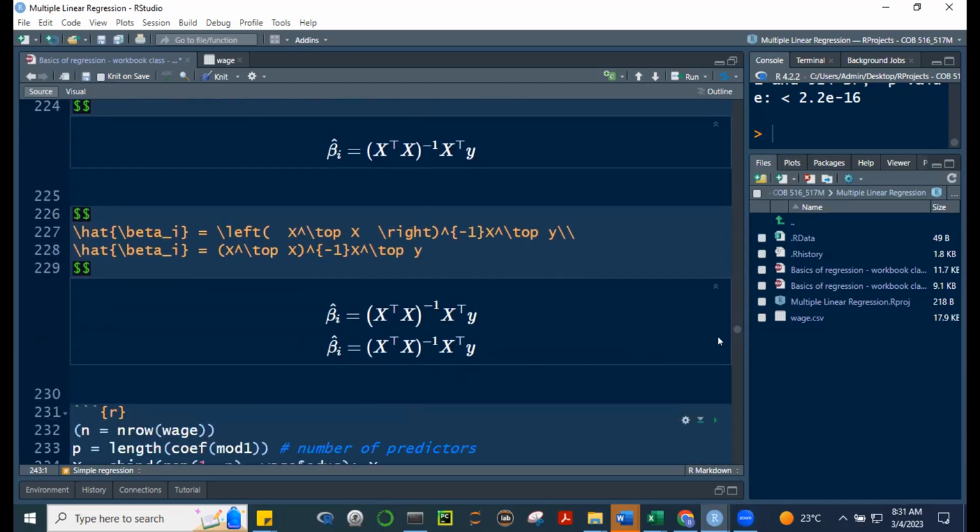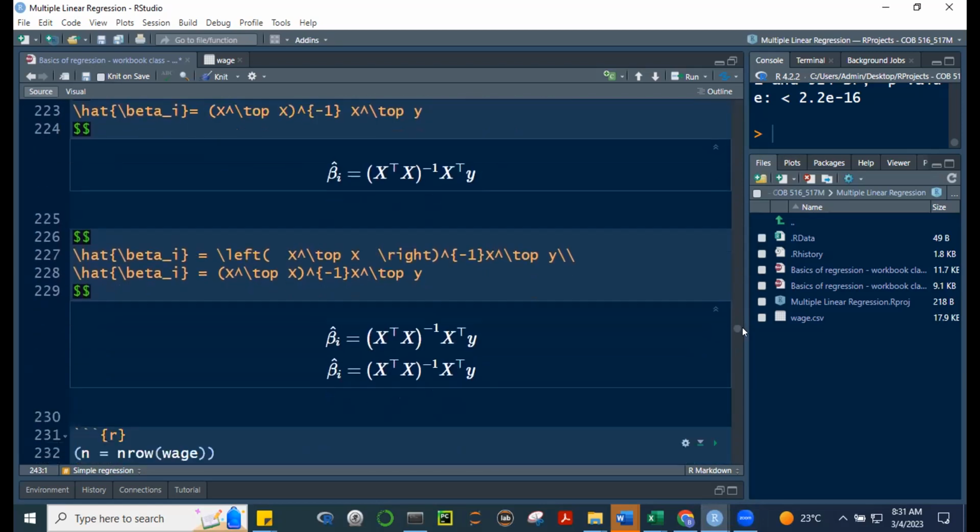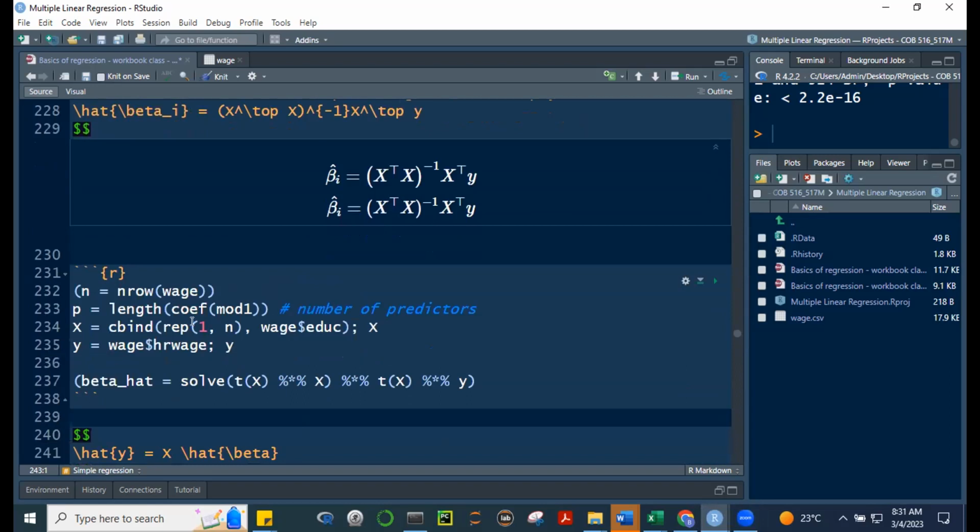It comes from matrix algebra, and here is a code to solve that. Solve is your matrix multiplication. This is your transpose, T of x, and then solve is your inverse.